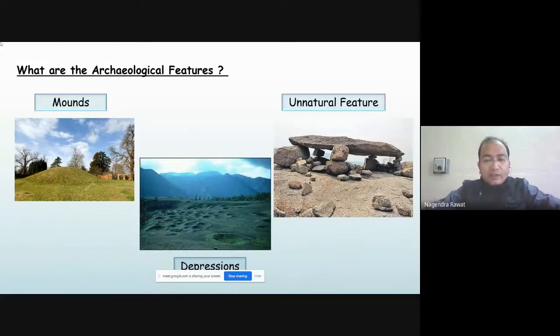Depressions too. In one sentence, we can say any kind of unnatural feature could be an archaeological site. So we need to explore those sites.